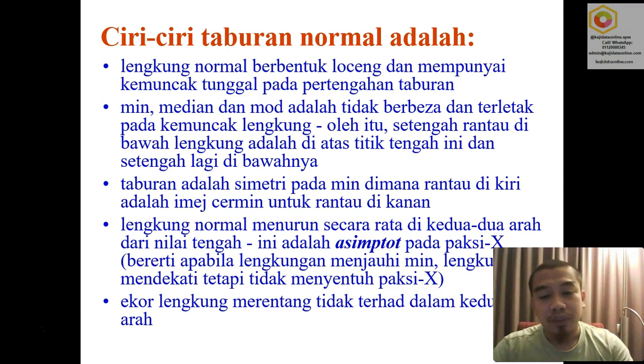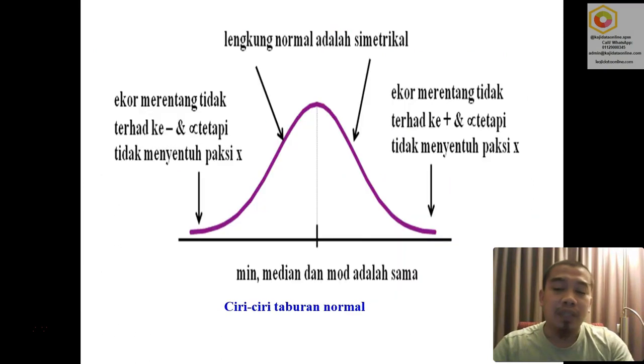And then both of these tails are not touching the x-axis. In additional mathematics before, we learned about the asymptote, where the curve that has been flattening on the x-axis is actually not touching the x-axis.